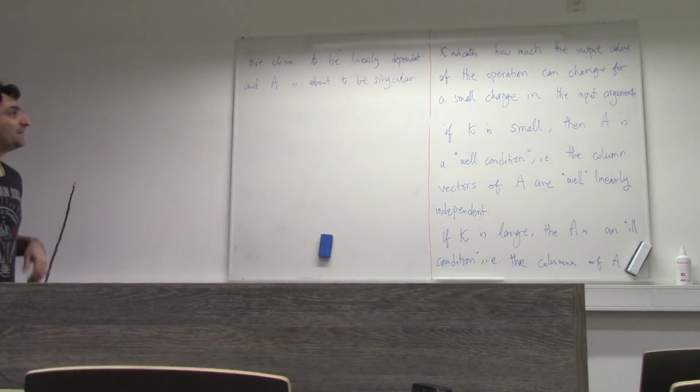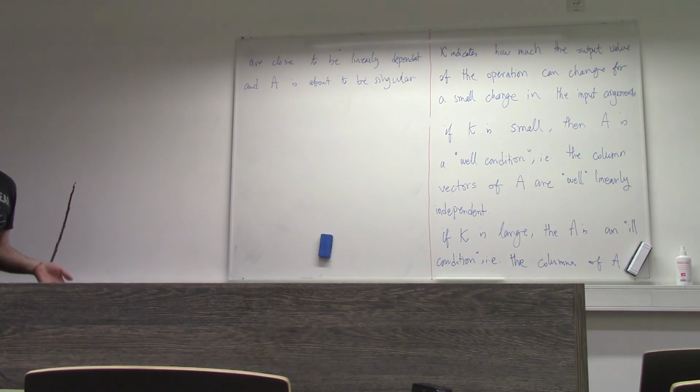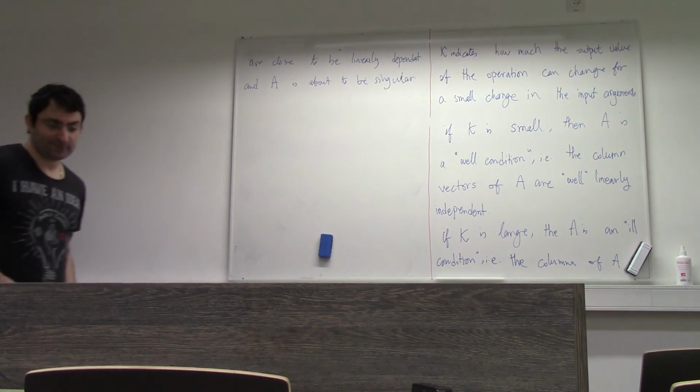Which means that with high probability, if we want to calculate A inverse, there is a very high probability of finding lots of errors.